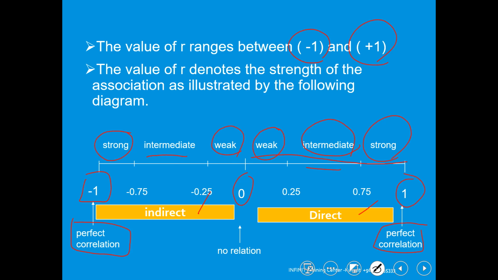So you have to remember, -1 doesn't mean that the relationship is weak. -1 means there is a strong relationship, but the relationship is negative. That is what is denoted by -1. And we have to remember this also. +1 means that is the strongest relationship, and 0 means no relationship, and close to 0 means weak relationship.